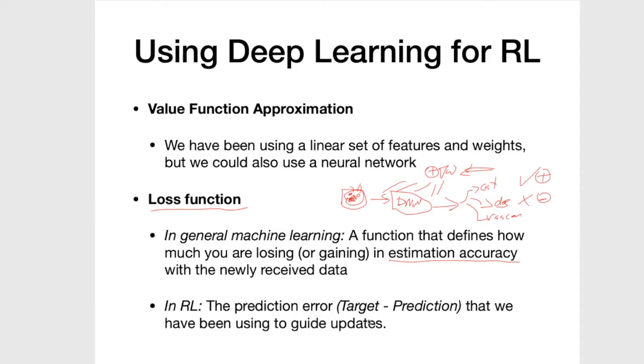So the same thing's going to happen in reinforcement learning, but instead of accuracy as our loss function, we're going to have something where we are saying, well, how close were you to predicting what's happening next, right? How close were you predicting the value of the outcome, right?